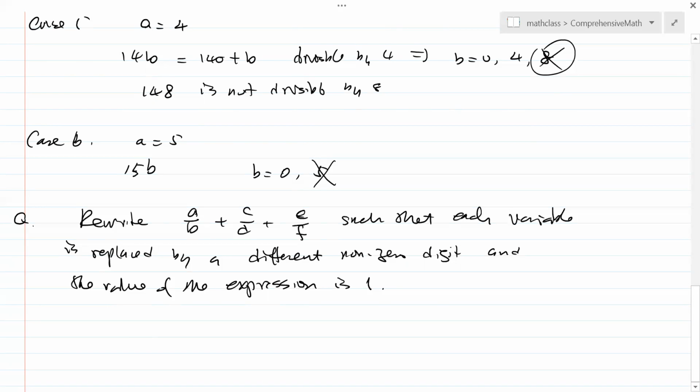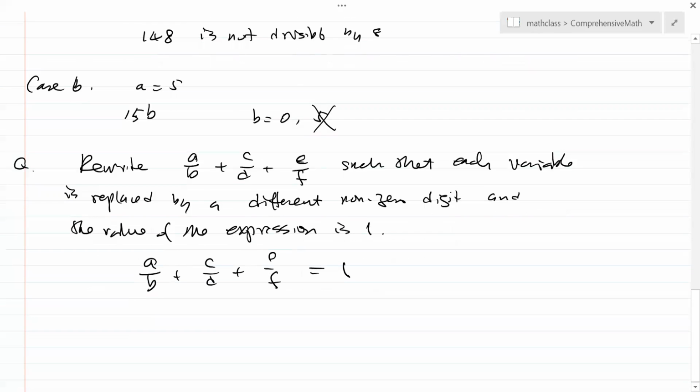You can only use digits to put in there. So A over B plus C over D plus E over F should be equal to 1. A, B, C, D, E, F are digits, replaced by different digits. So my understanding is that all of them should be different.